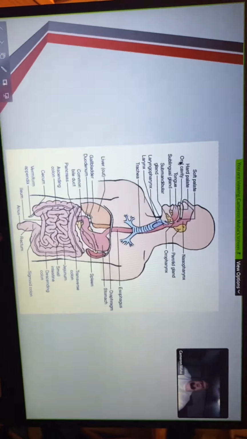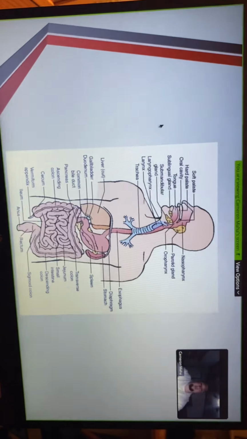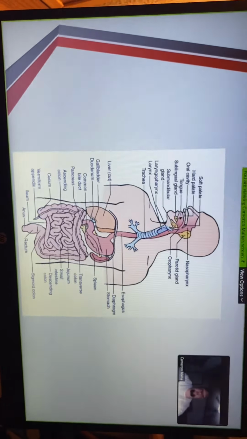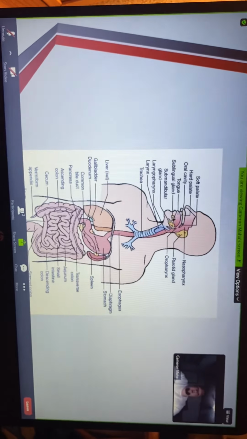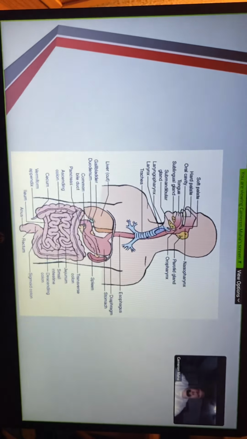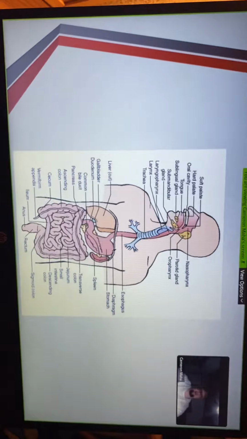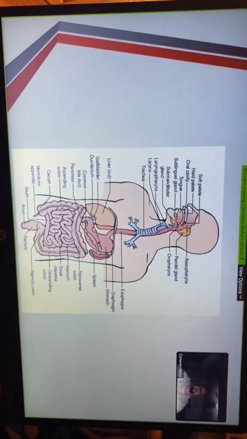So now we're briefly going to go over the order that the food travels through. First we'll start in the mouth. This is where ingestion starts, and this is where the food actually starts breaking down due to the salivary glands. Then it travels down your esophagus, and then it'll go into your stomach. This is actually where most of the digestion takes place.